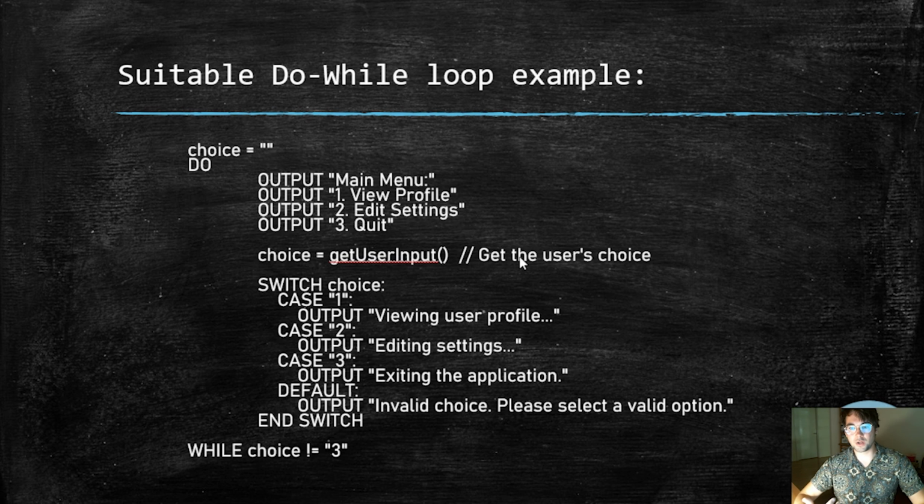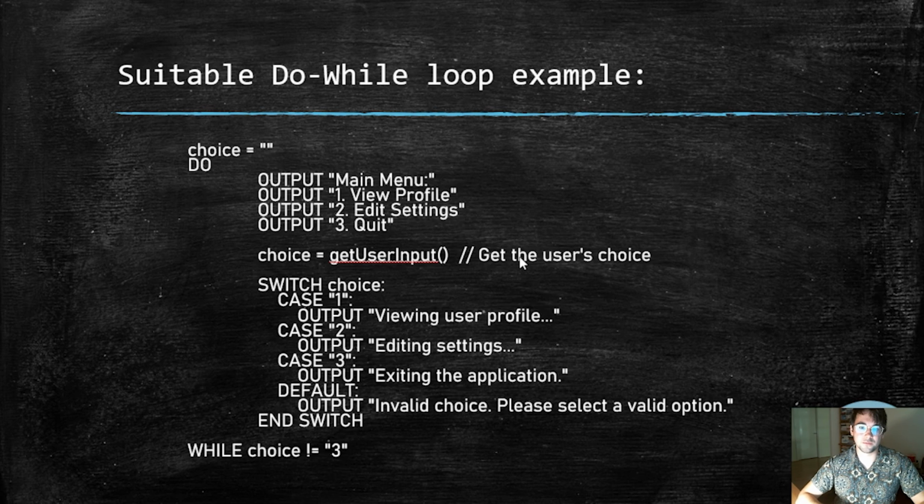A suitable do while loop example is a menu. It makes sense, when you have a program, that you always want to display the menu at least once to the user, but depending on what options they pick, you may want to iterate back over multiple times when they select a different option.